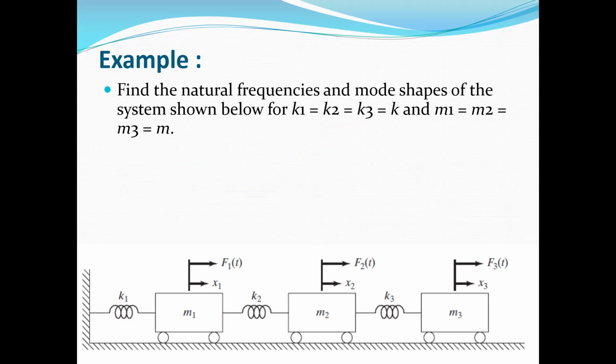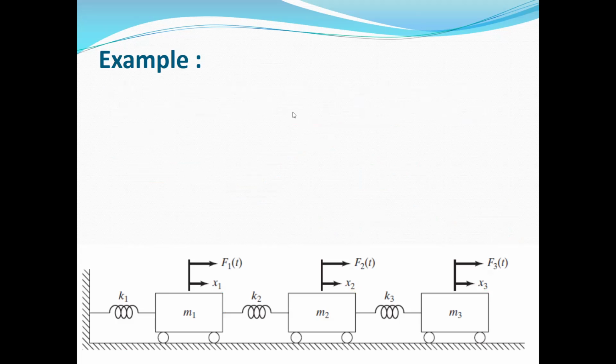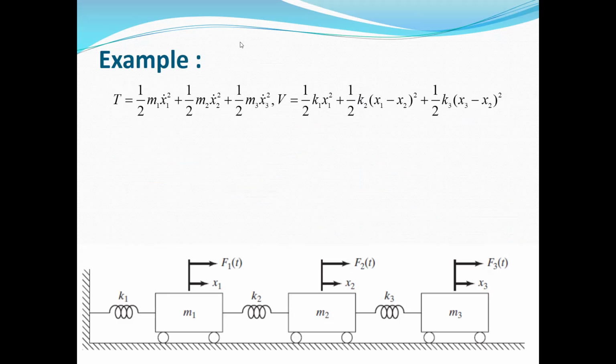But we can also use the energy methods or Lagrange methods to extract the equation of motion. For this purpose, we need to write the kinetic energy. As you see, we have three masses, so the kinetic energy will include three terms. The first term is half times mass m1 multiplied by its velocity, x1 dot squared.